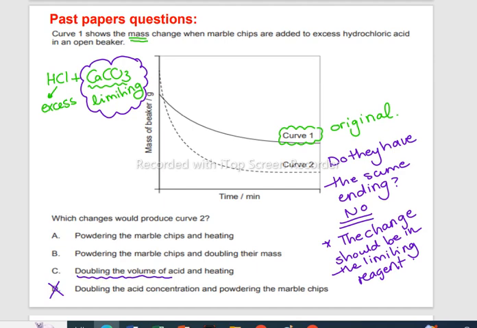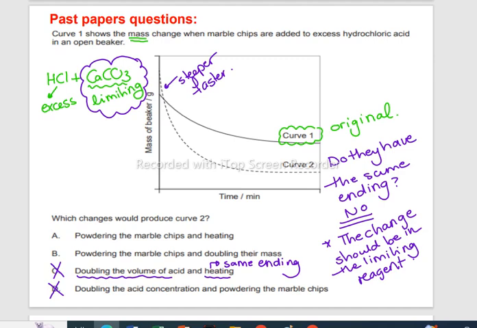If you double the volume, it will not affect the initial rate, but heating up will affect the initial rate. It's actually steeper, so a faster rate. But temperature gives the same ending, so again it's not an accepted answer.